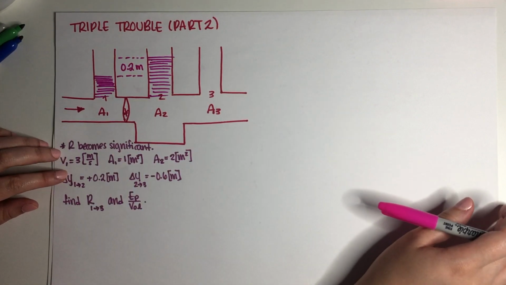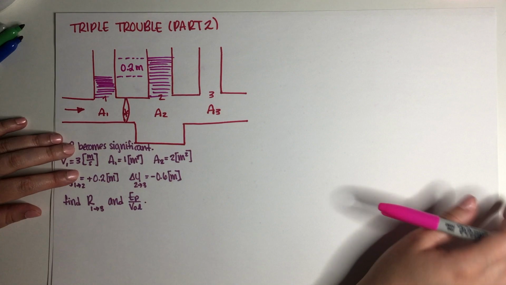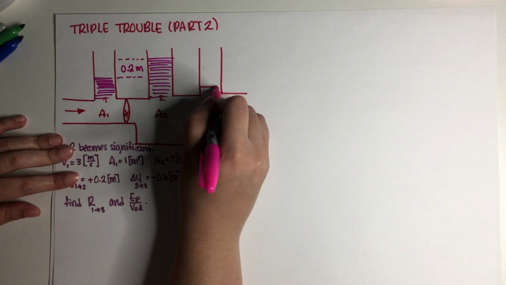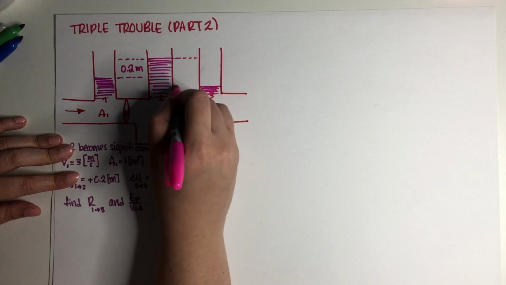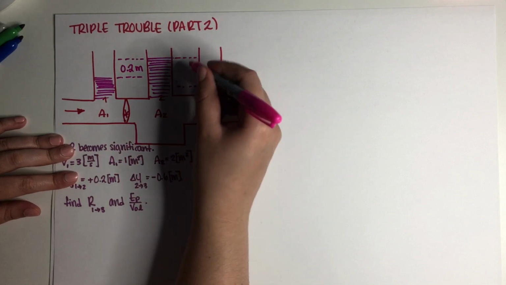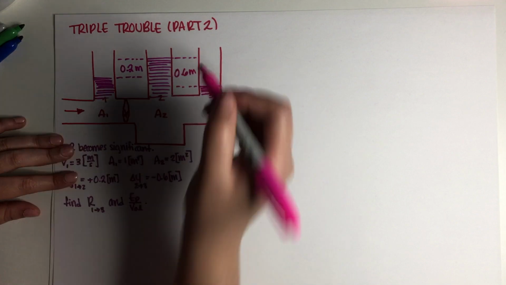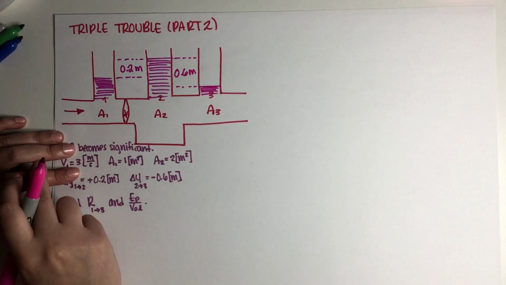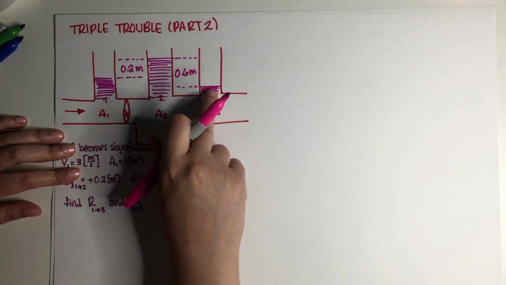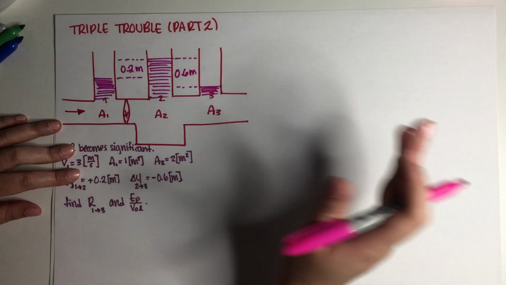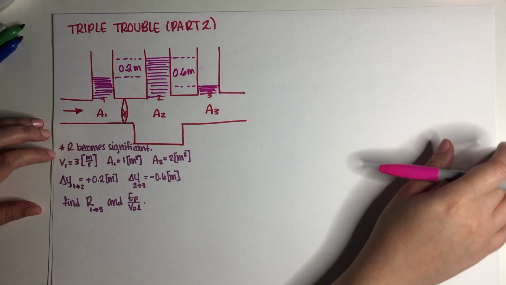And then the decrease from 2 to 3 is 0.6. So 3 is now the lowest. And this distance from here to here is 0.6 meters, which means that the total distance from here to here would be 0.4 meters, which I don't know if that's going to be useful, but we'll see.